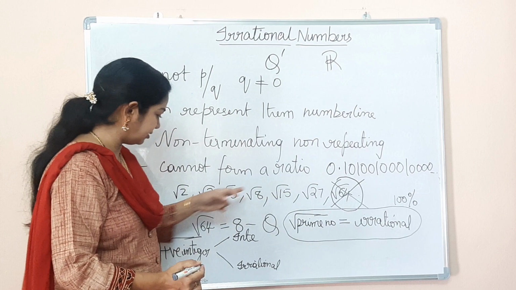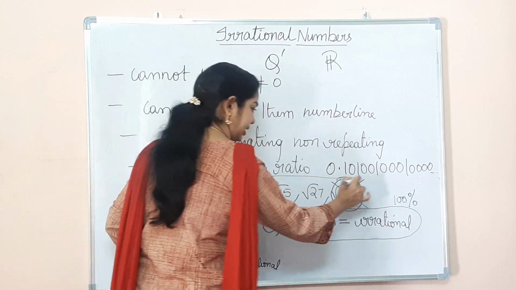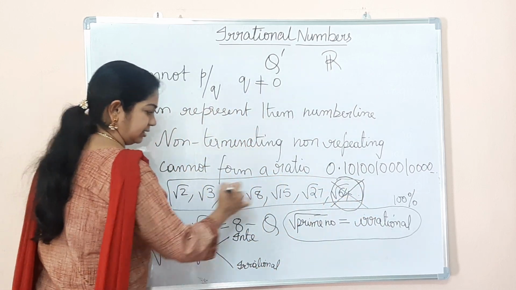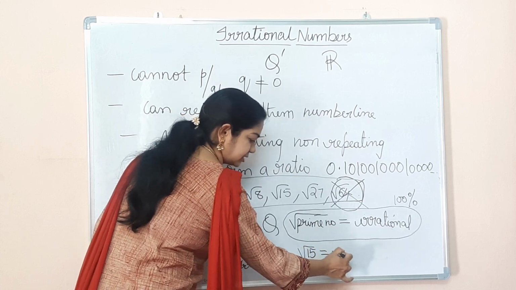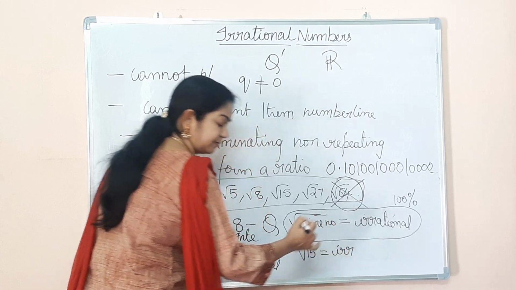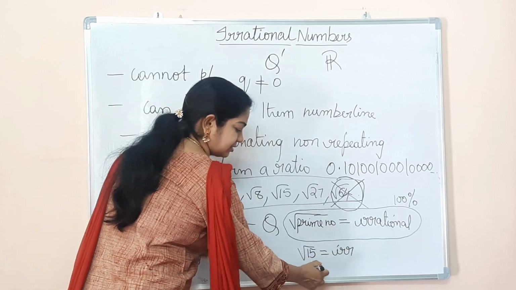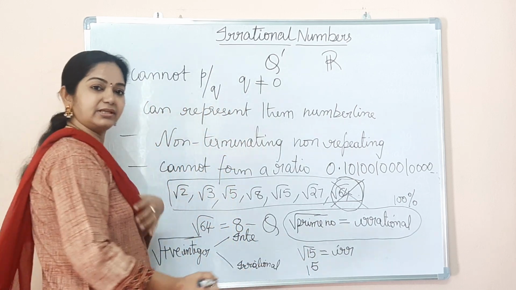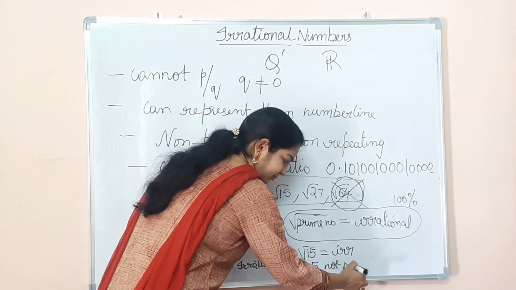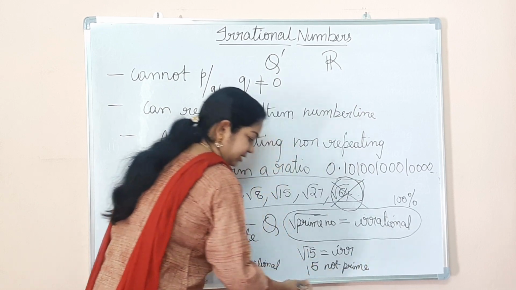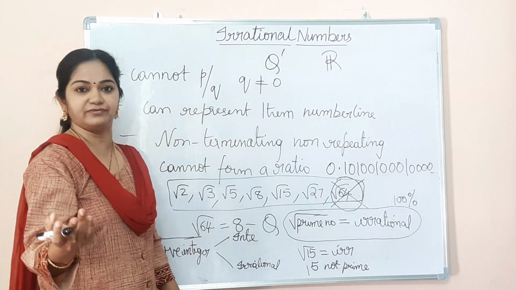But when you look at these examples which I gave you, root 15 is irrational, I am telling. But 15 is not prime. It is a composite number because it has factors 3 and 5.